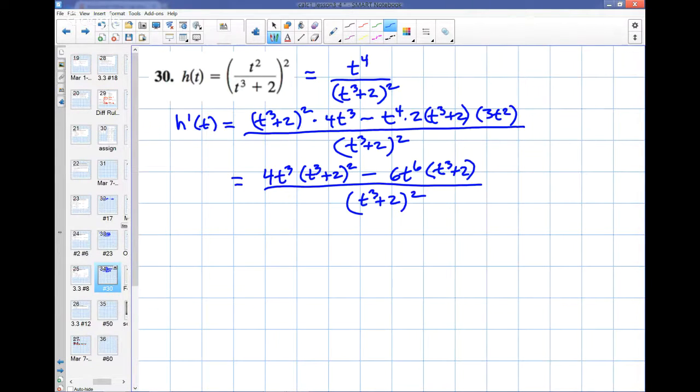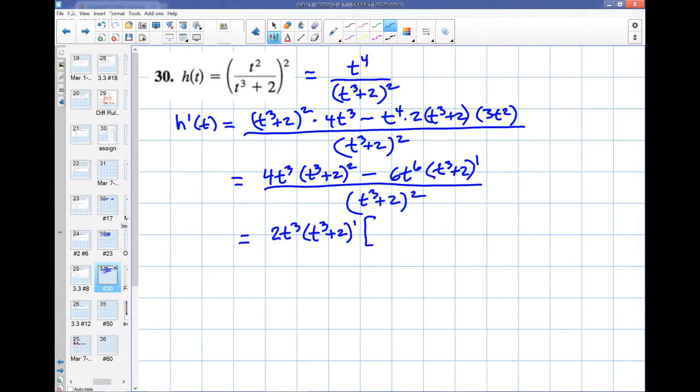And hopefully you can see there's this t cubed plus 2 theme. And if we do some factoring, on the top, what can we factor out of those two big terms? Well, we could take out a 2t cubed. And we could take out a t cubed plus 2, the 1 to the lowest power, which is a 1.